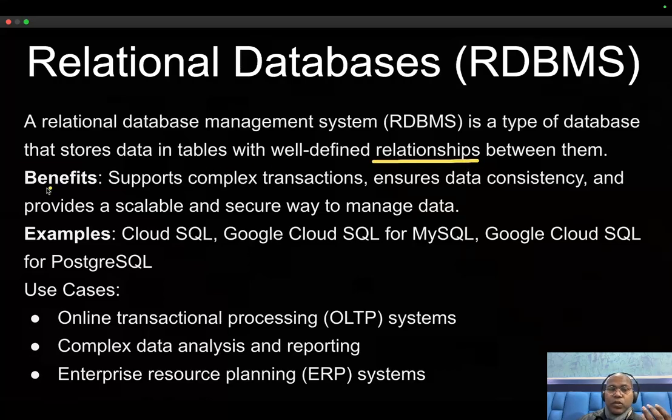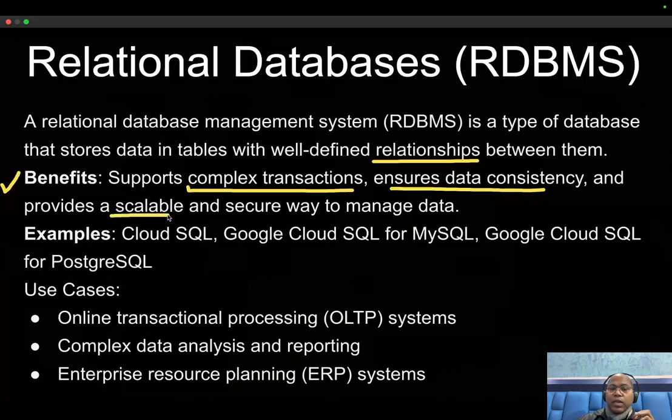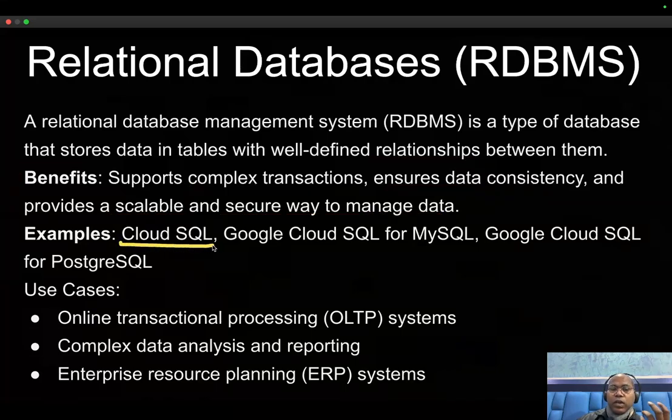What are the benefits? There are lots, but the major ones are that relational databases support transactions, ensure data consistency, and provide a scalable and secure way to manage your data. A good example in Google Cloud is Cloud SQL.